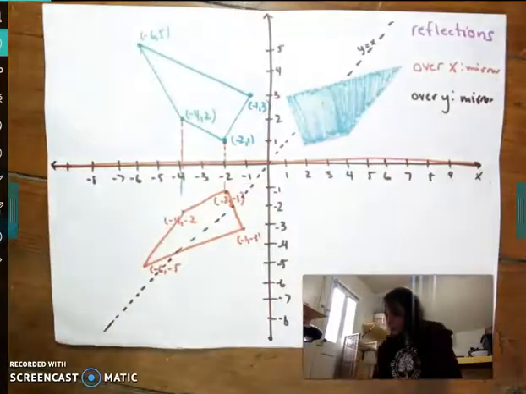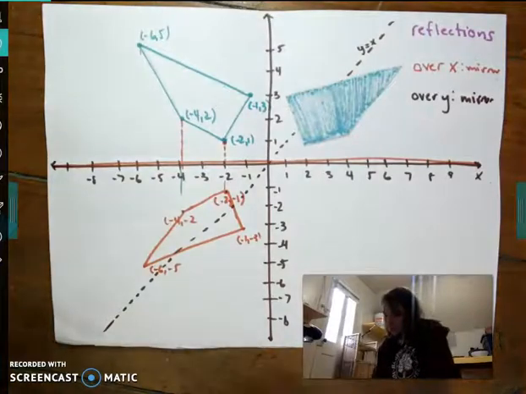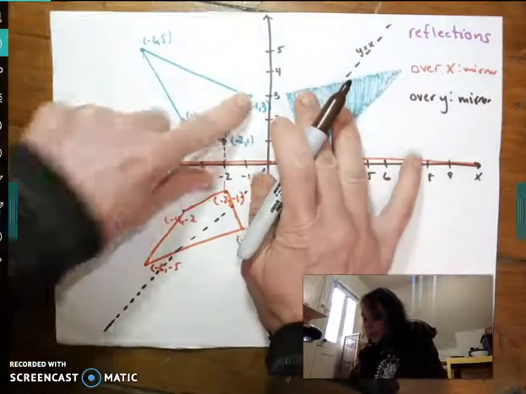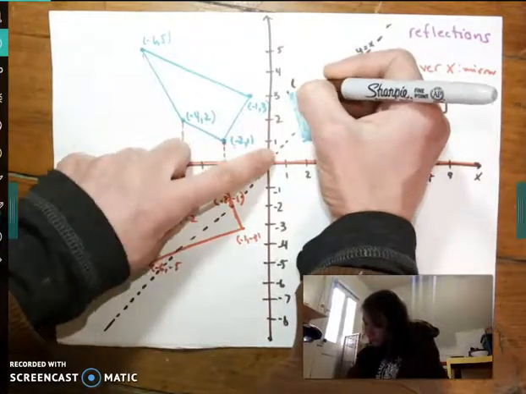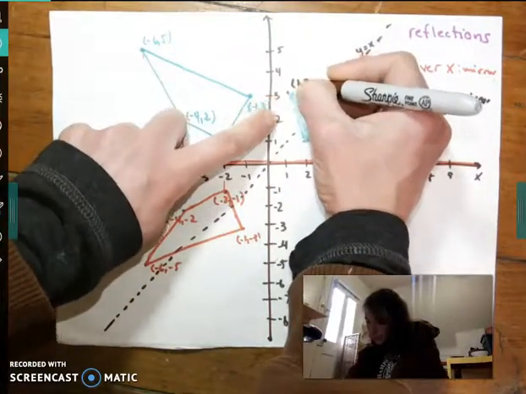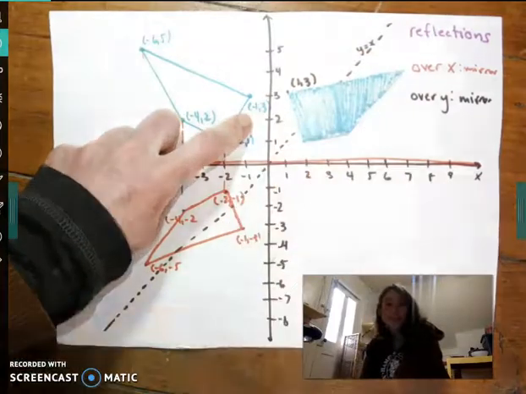So in terms of the coordinates, what happens? Well, if the y stays the same, then this new point should be 1, 3. The x is the sign that flipped.